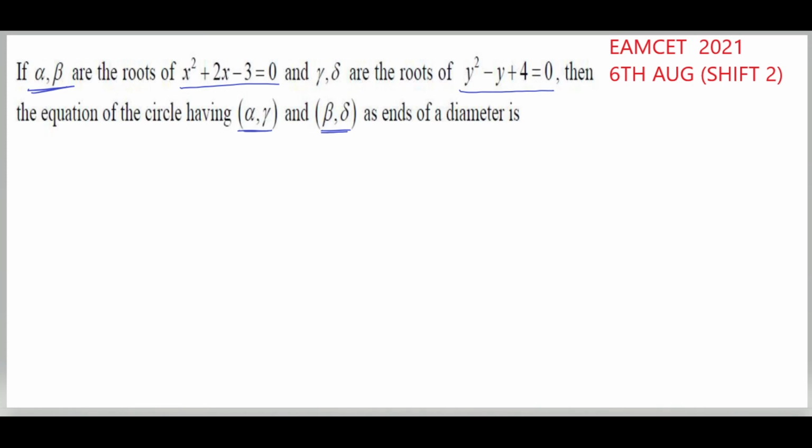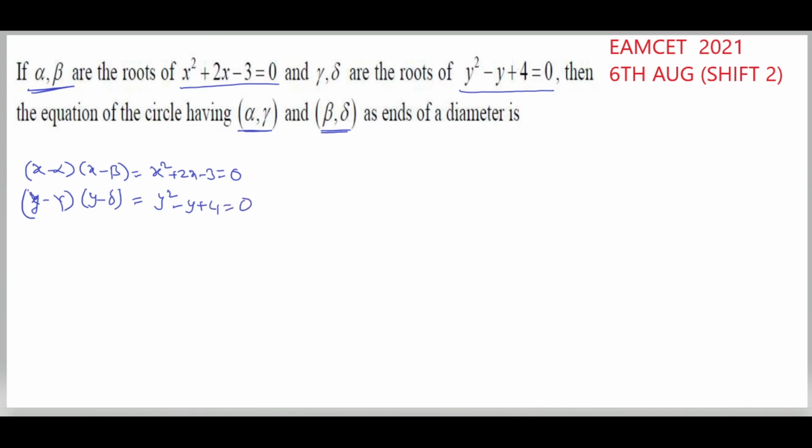Here alpha, beta are the roots of this equation, that is x minus alpha into x minus beta is equal to x square plus 2x minus 3 is equal to 0, and gamma, delta are the roots, that is y minus gamma into y minus delta is equal to y square minus y plus 4 is equal to 0.